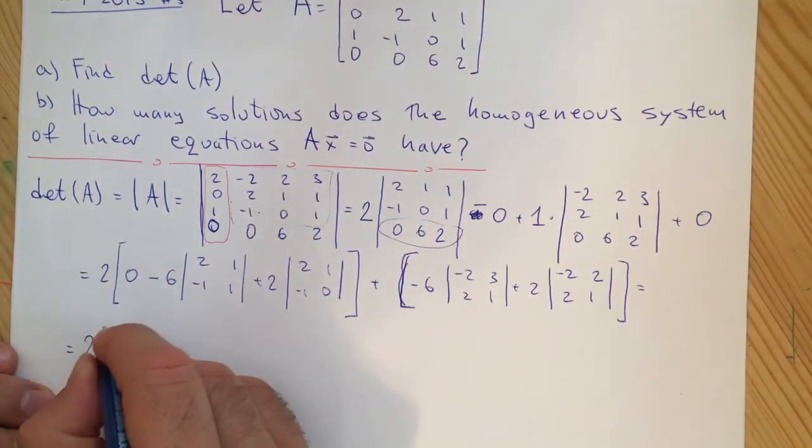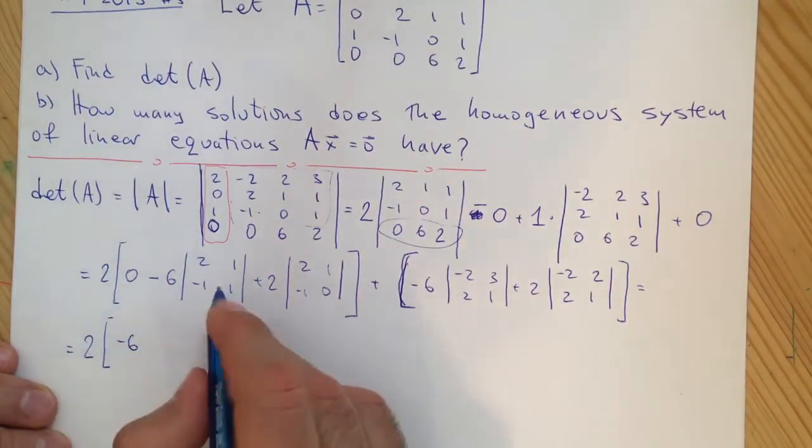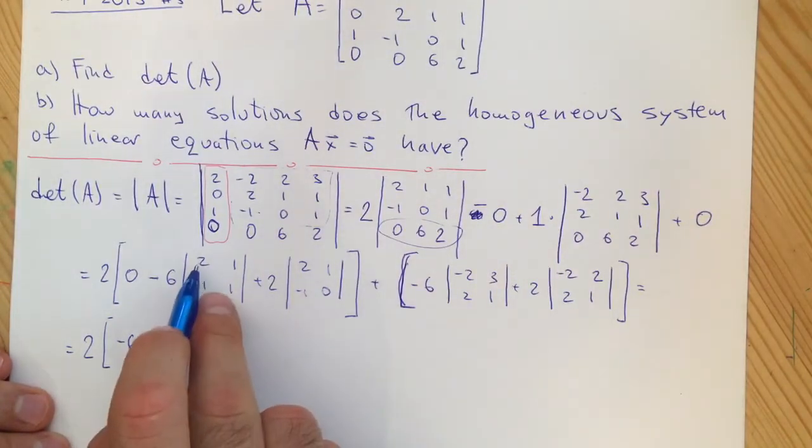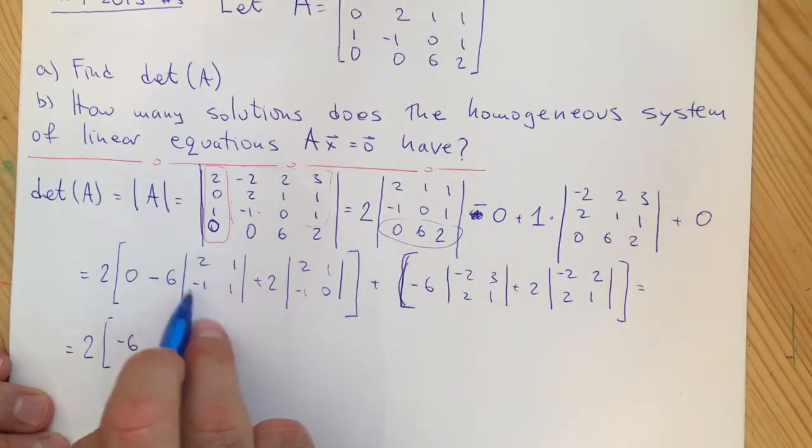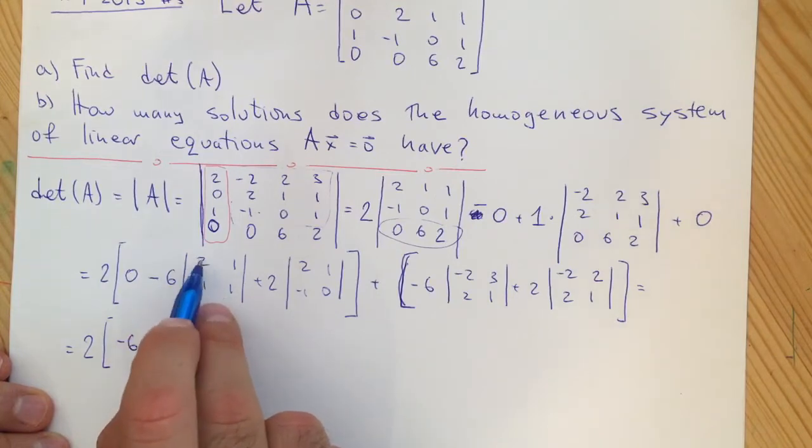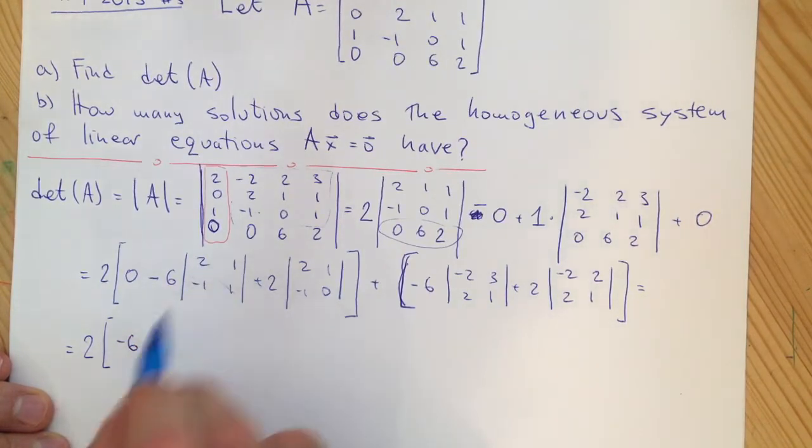Okay, so this is 2 times negative 6, determinants of 2x2 matrices. Finding the determinants of 2x2 matrices, we just multiply the entries on the diagonal.